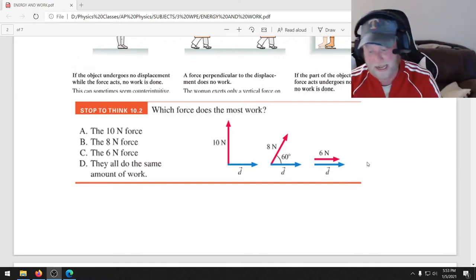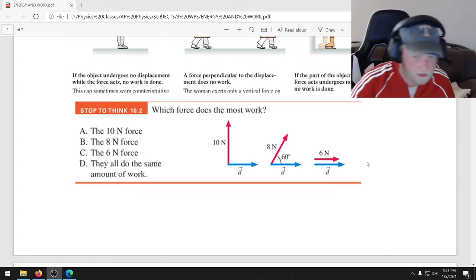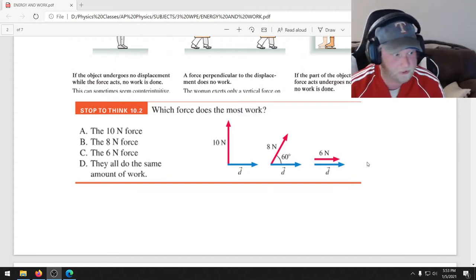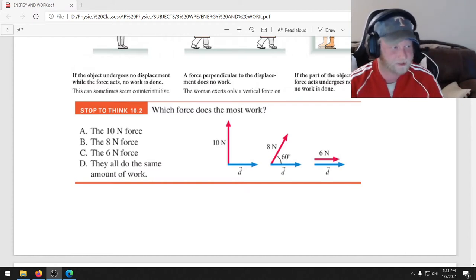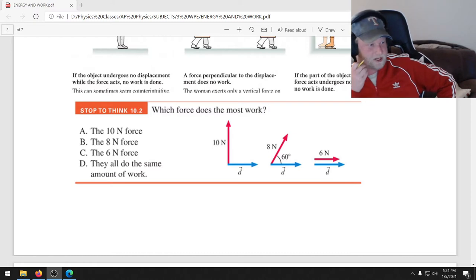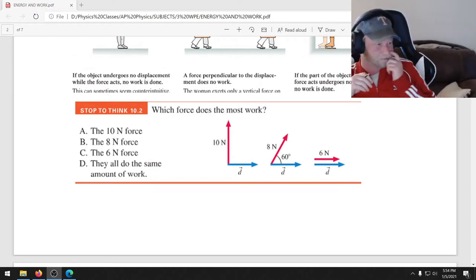So if you look at the first one here, the 10 Newton force is a vertical force. None of it exists within that horizontal dimension, so that 10 Newton force does 0 work, right? No work is done by that 10 Newton force.